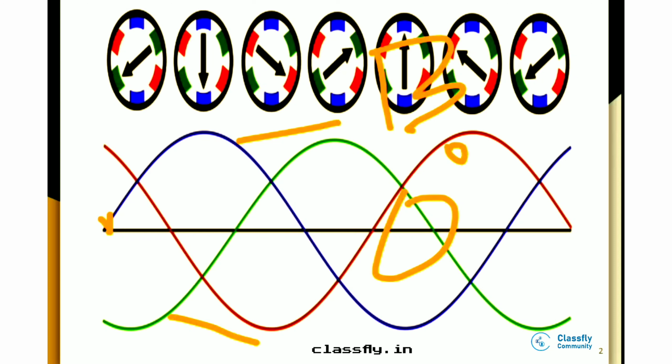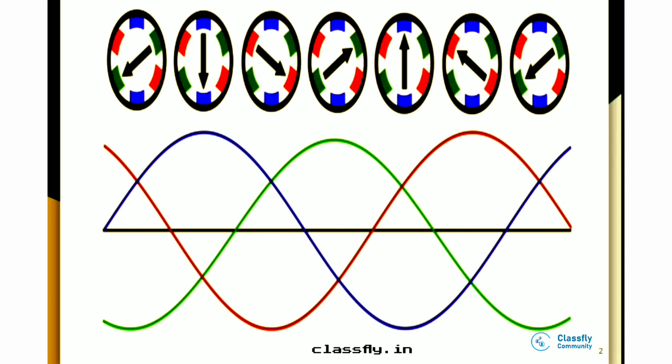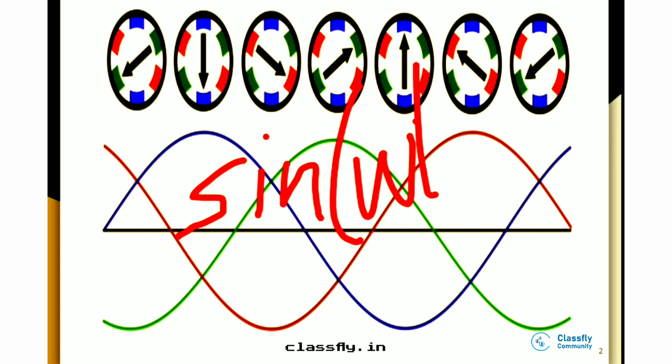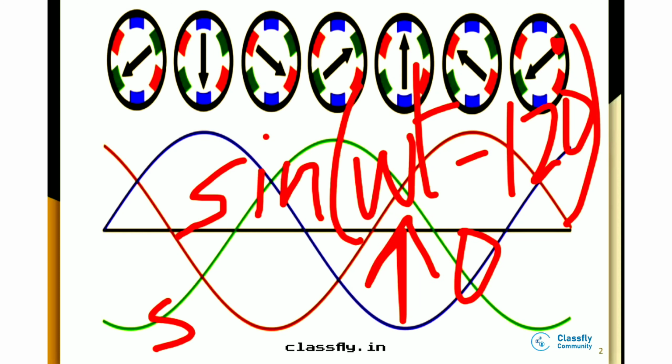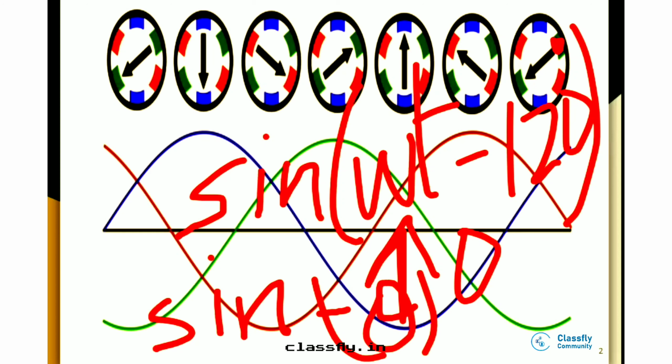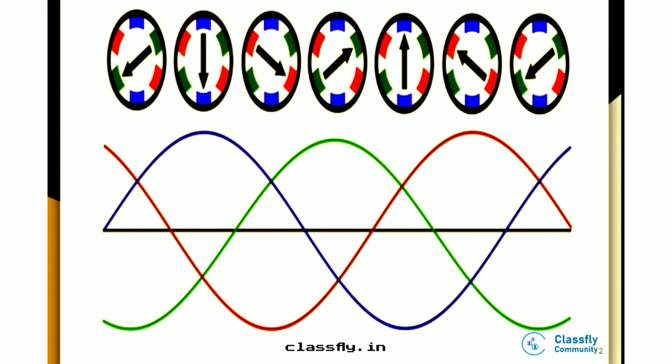When you put omega t as 0 in sine omega t minus 120 degrees, it is sine of minus theta, or you can say sine of minus 120 degrees. When you solve this sine of minus 120 degrees, you get what?